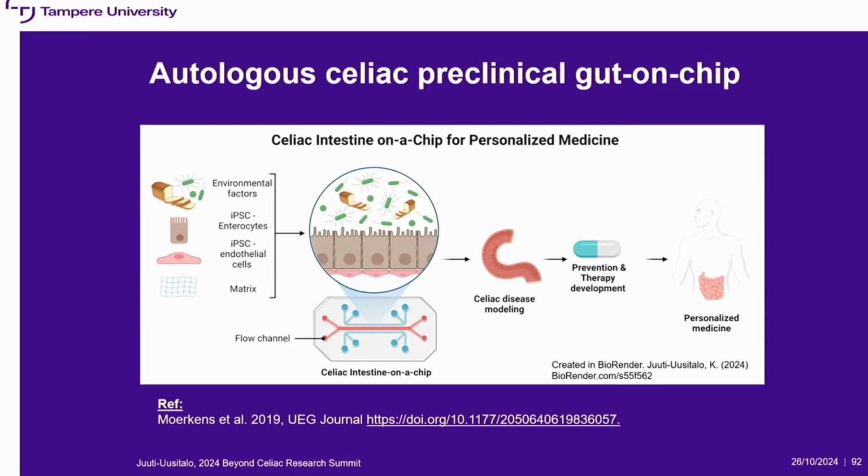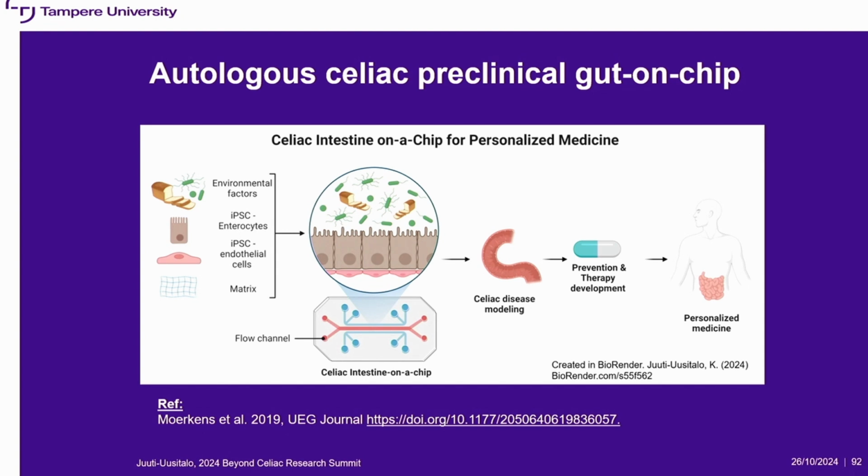For that, there is a brief presentation about what kind of autologous celiac preclinical gut chip could be. So there would be cells derived from induced pluripotent stem cells, the epithelial cells or the endothelial cells, and then they could be cultured together.